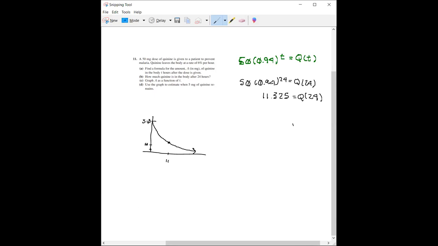So we know it would be much further out from 11, right? Because the greatest drop is going to be between 0 and 11. Got a very steep slope there. And then the slope kind of evens out and it changes much more slowly after that point.